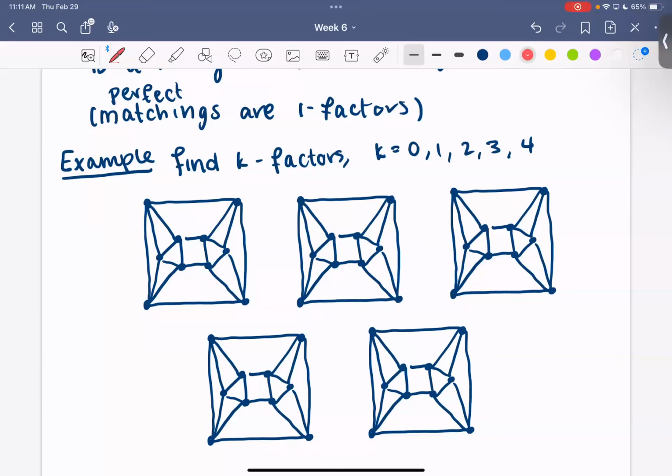So it's just going to be all of the vertices individually with no edges. Does that make sense? Okay, and then what about for a 1 factor?